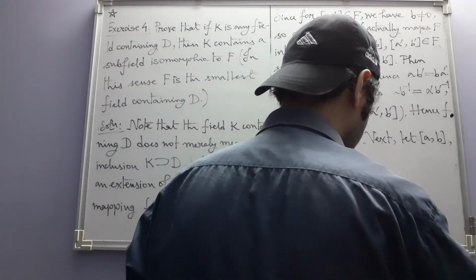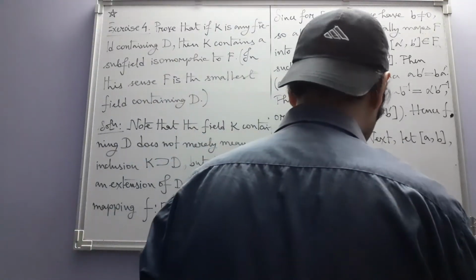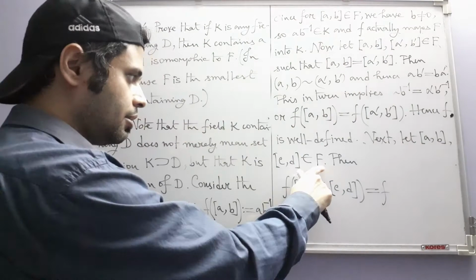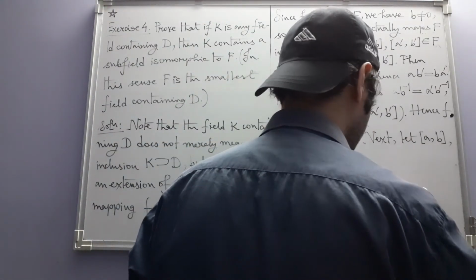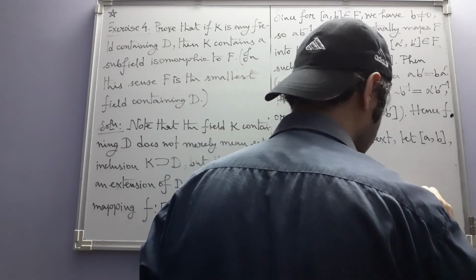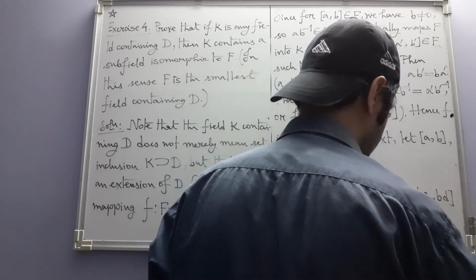So this is equal to, first of all we have to carry out this addition, that according to our definition of addition in capital F is (ad plus bc, bd).